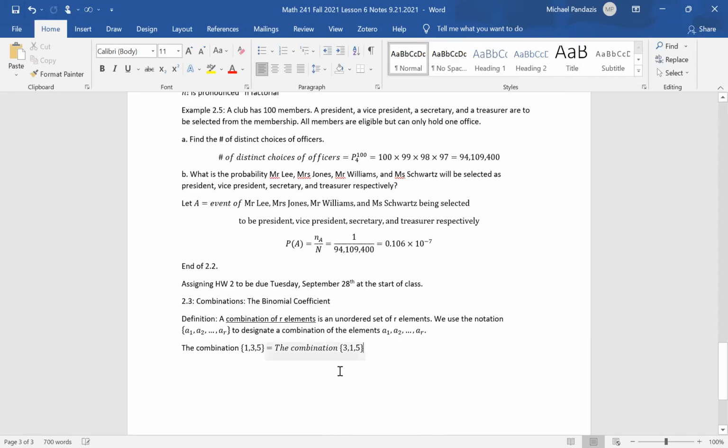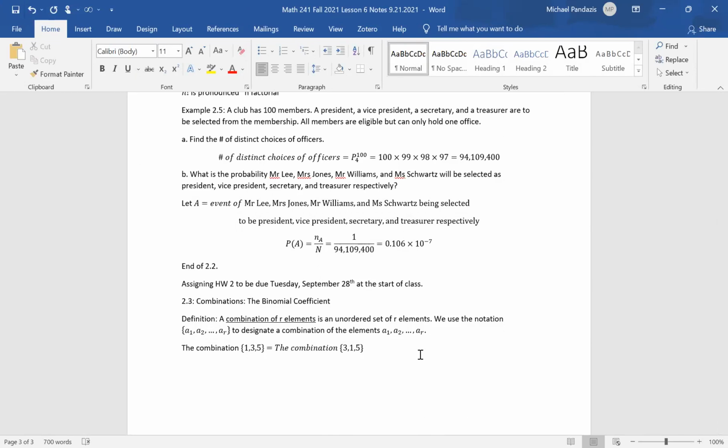Here, the combinations are the same. The ordered triple 1, 3, 5 does not equal the ordered triple 3, 1, 5, because an ordered triple assigns order to the things you have, but a combination doesn't do that. So having a 1, 3, and 5 is the same as having a 3, 1, 5. Those two combinations are equal.